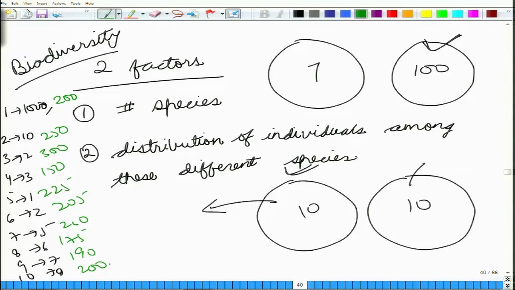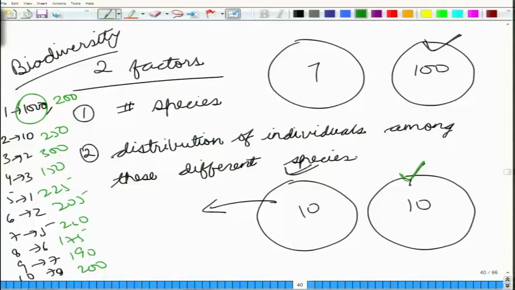If this is the number of individuals that we have of different species in the second community, then wherever you go you will find a representation of all these different species, because all of them have a roughly equal numerical abundance. So, if you have a situation where there is one species that is dominant, the more is the amount of dominance or the more is the amount of the relative abundance, the lesser is the biodiversity.